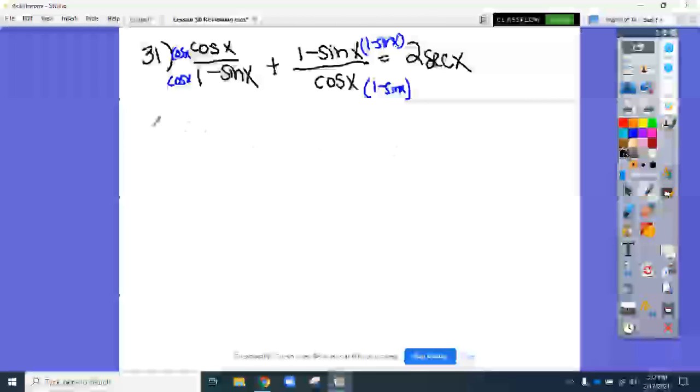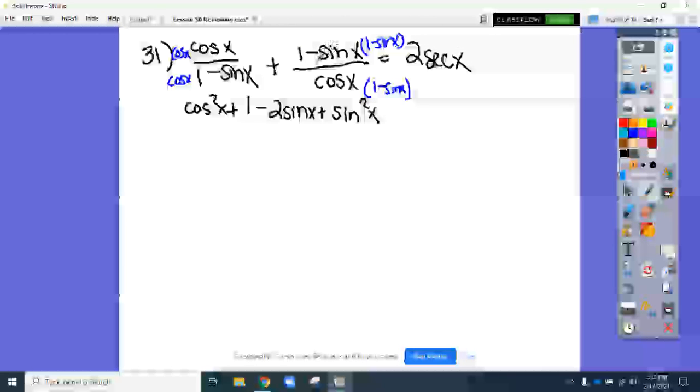And then I'm going to see what happens. So first fraction gives me, I'm going to write little because this is going to take some space, I feel like, cosine squared of x plus, when I FOIL, this doesn't cancel because those aren't conjugates. So I have 1 minus 2 sine x, and then plus a sine squared of x, right?